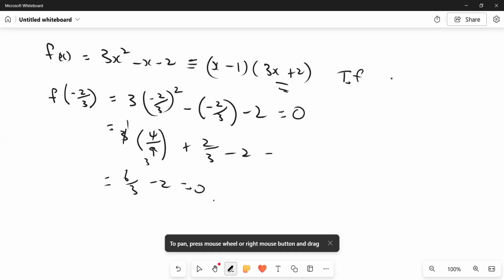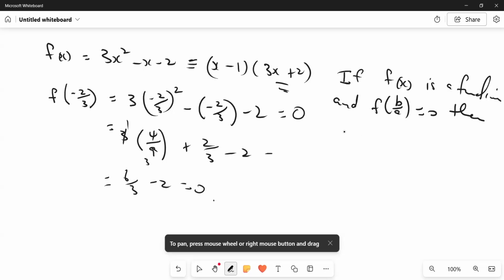If f(x) is a function, I'm going to maintain the structure like the one before, and f(b/a) equals 0, then ax plus b should be, I'll go with the minus.